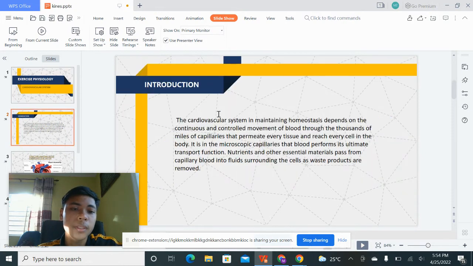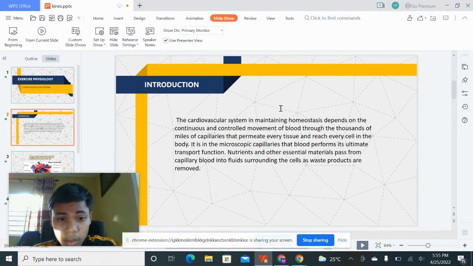First is introduction about cardiovascular system. The cardiovascular system in maintaining homeostasis depends on the continuous and controlled movement of blood through the thousands of miles of capillary that permeate every tissue and reach every cell in the body.